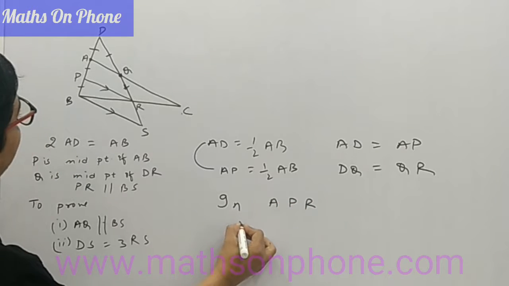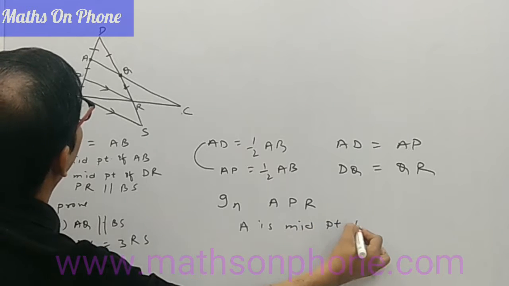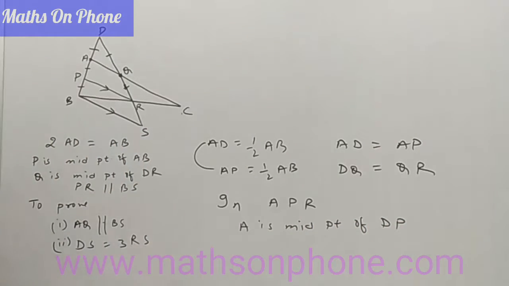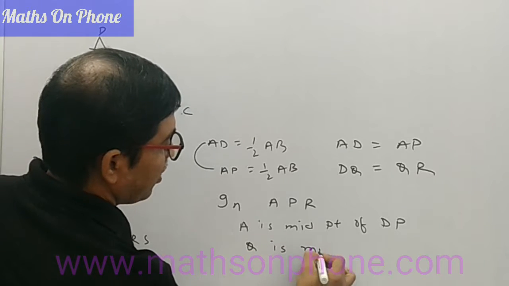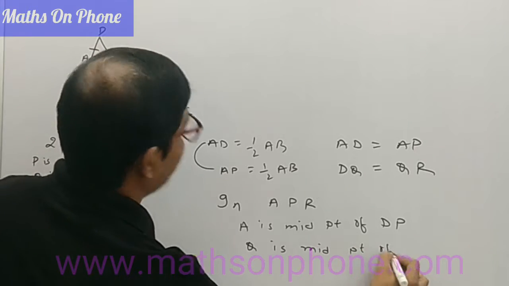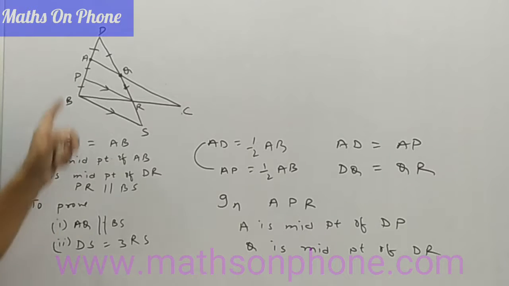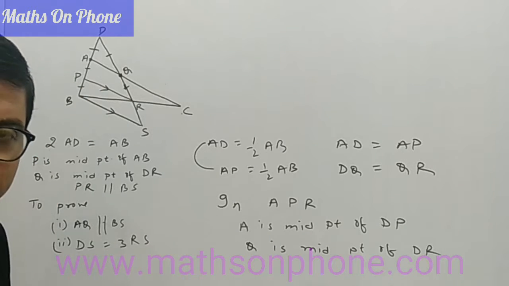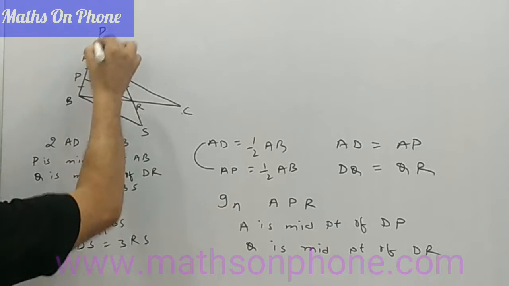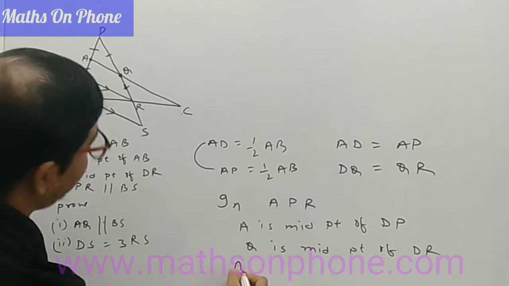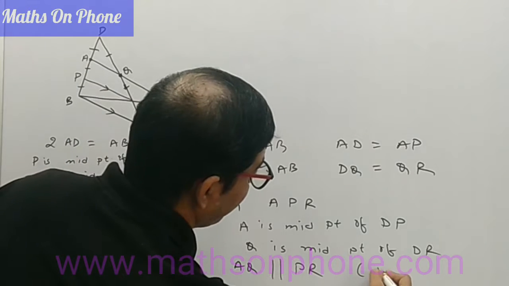What we see, A is midpoint of DP and Q is midpoint of DR. So, by midpoint theorem, line segment joining the midpoints of two sides of a triangle is parallel to third side and half of it. So in triangle DPR, we can say AQ is parallel to PR. How? By midpoint theorem.